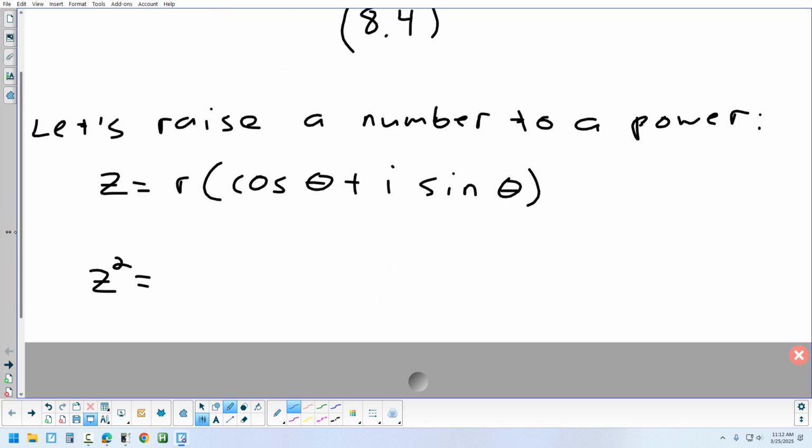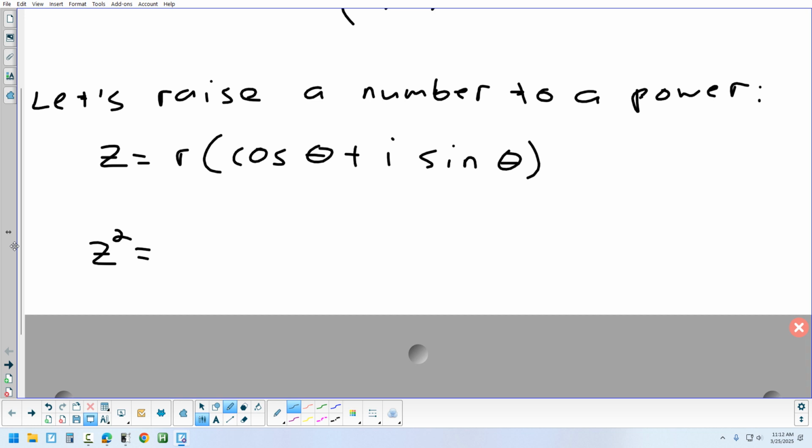All right, so now let's try something in trig form. Let's take r cosine theta plus i sine theta, and multiply it by another r cosine theta plus i sine theta. I'm just raising this to the second power.